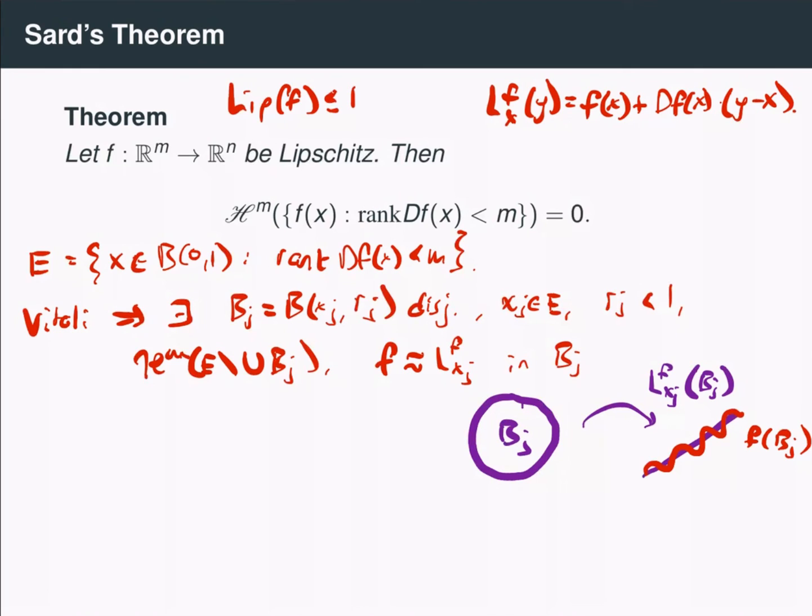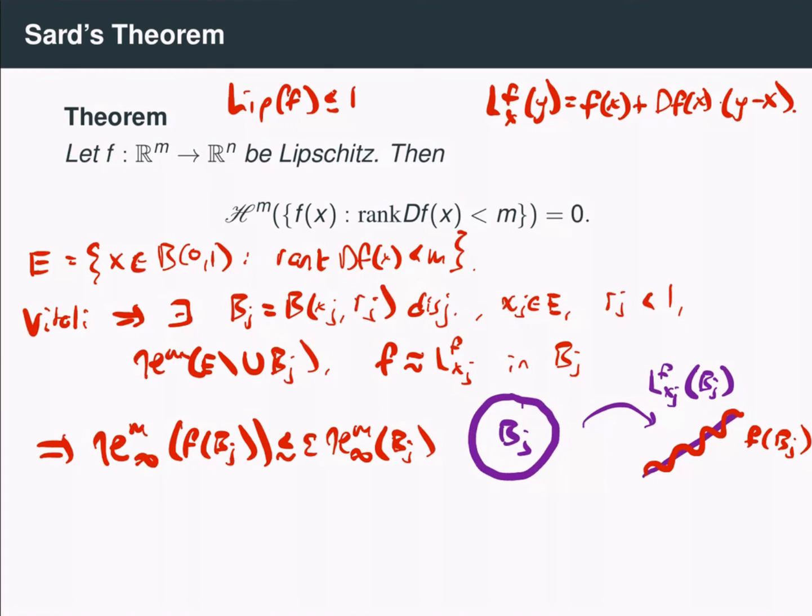And so one can show that the Hausdorff content of the image of B_j, because the image of B_j is concentrated around an (m-1)-dimensional plane, is at most epsilon times the Hausdorff content of B_j, where epsilon is how close f was to its affine approximation.